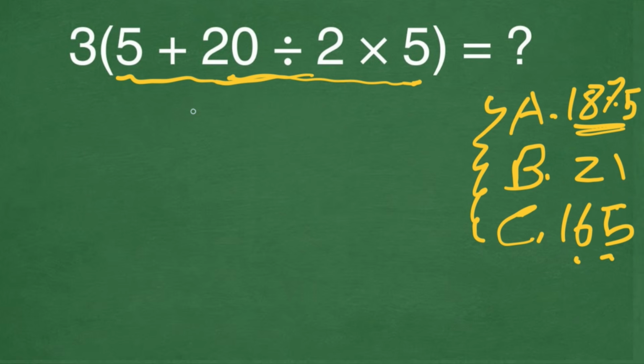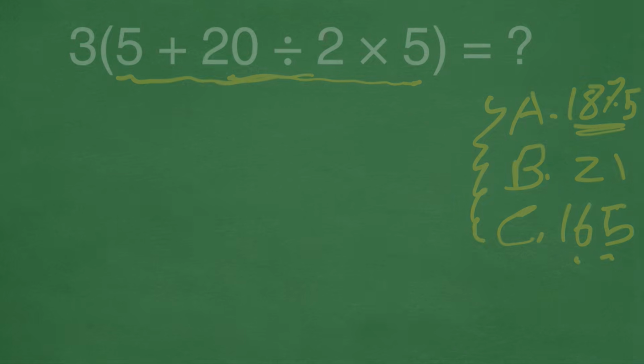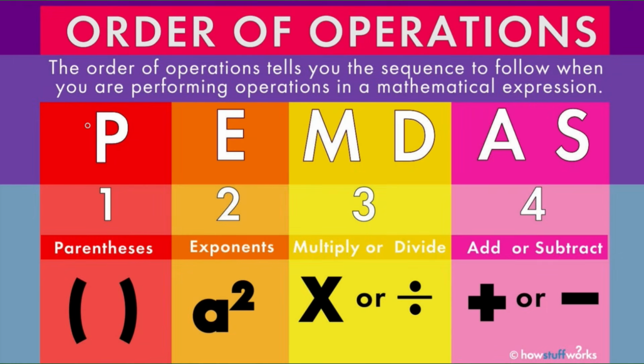But to do that, we have to know one thing: the order of operations. So when we are dealing with basic arithmetic, the order of operations tells us which order to follow in order to get the right, consistent answer every single time. This is something you probably learned back in school and just forgot about, but once you see it again, it clicks right away. So this is the rule.